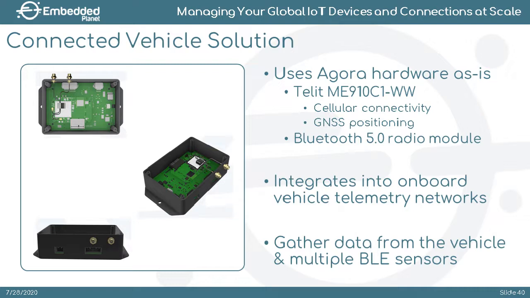And so it really gives you a powerful way to monitor, once again, BLE sensors potentially on a vehicle and bridge that data into the gateway, which is the Agora module, and send that out over cellular, plus all the other diagnostic and telemetry information that are in the vehicle. So imagine if you have a product that you want to connect up. That's exactly what we've done with this product, is connect up a vehicle. So if you have whatever the type of machine or piece of equipment, we can connect that up via cellular and leverage that OneEdge configuration that Chris and Bill covered.